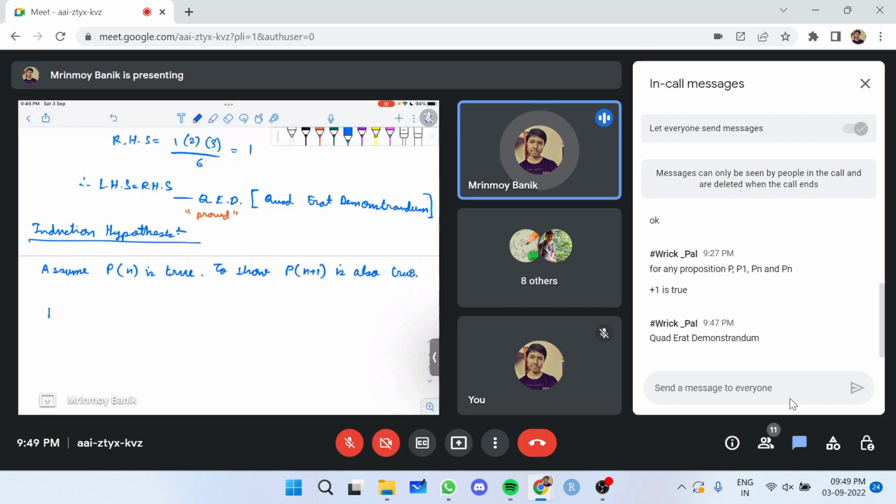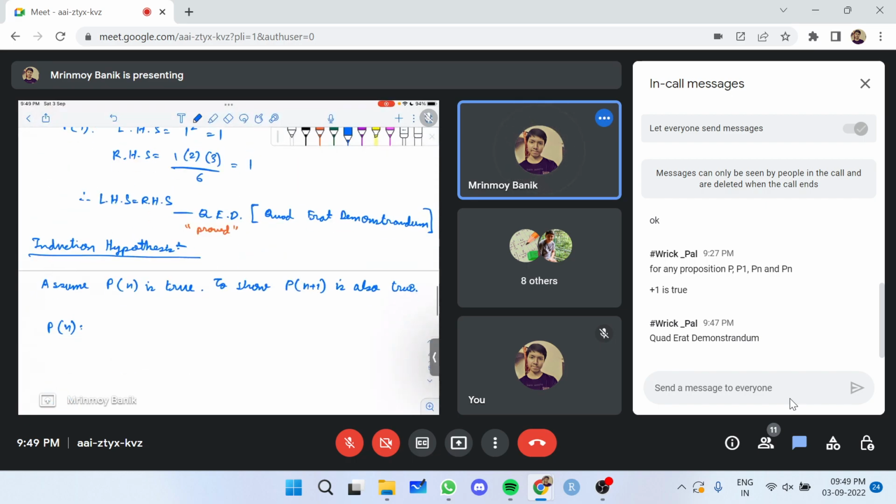So here you will write down Pn. That's your assumption. So you have sum over k squared, k runs from 1 through n, equals n times n plus 1 times 2n plus 1 by 6.